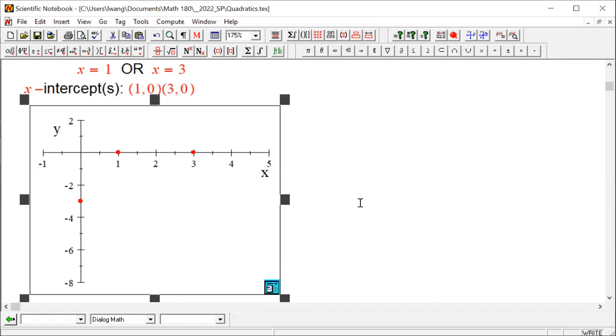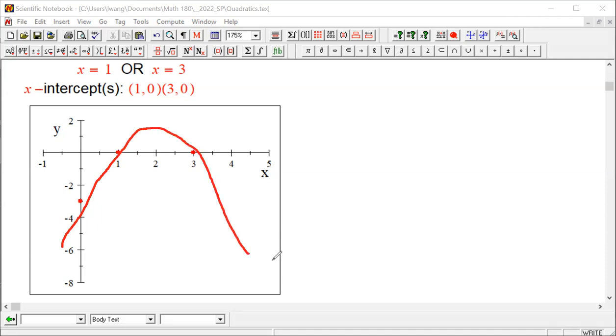So this question we did slightly differently from the previous lesson. In this case, we have found the x-intercepts and y-intercept. And by this time, we can see the graph is going to be like this.